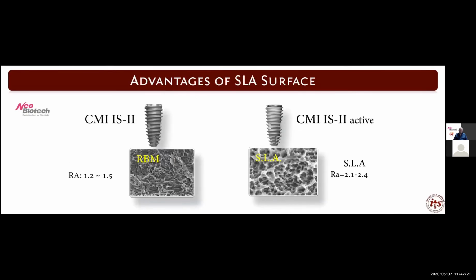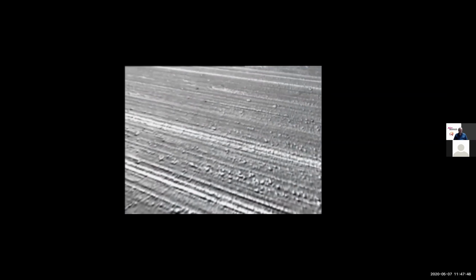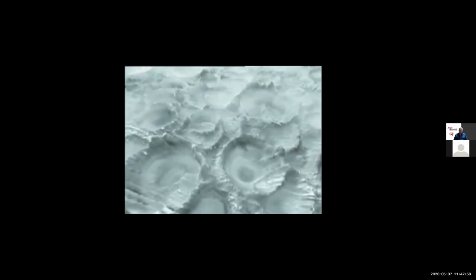The first generation of surface treatment on the Biotech system was RBM, or resorbable blast media. Today, each Biotech implant is individually treated with the SLA technique that improves surface roughness and therefore bone implant contact. So this shows how that implant is now sprayed in order to increase the surface roughness, which is then going to allow the fibrils attached to the implant surface to help us with bone formation.